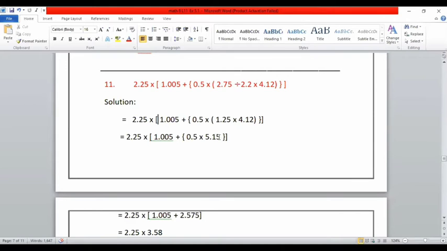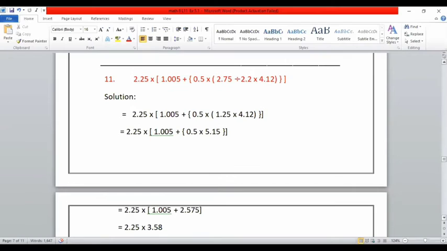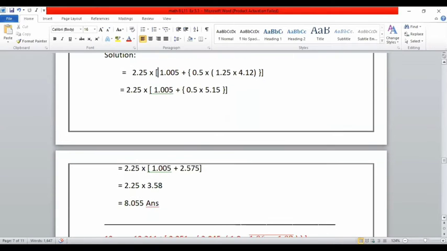Dear students, after these two numbers multiplication, when we multiply these two values, we get the answer 2.575.